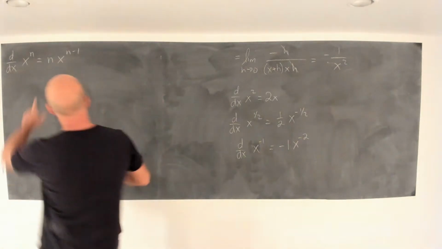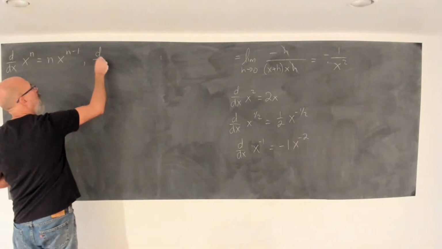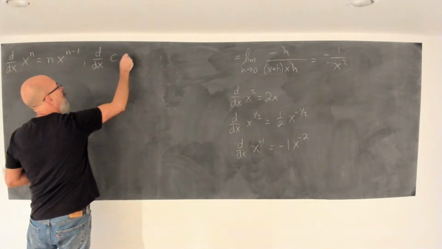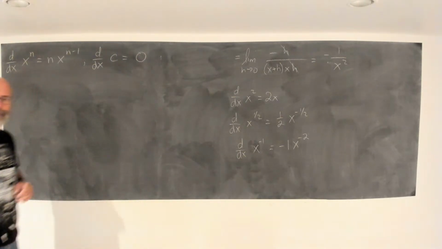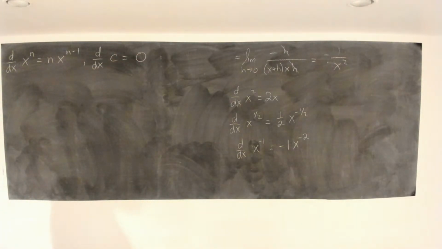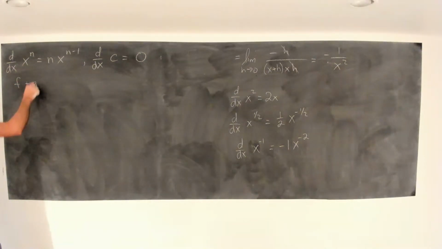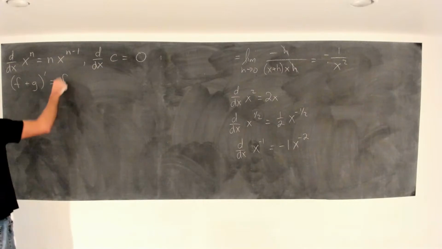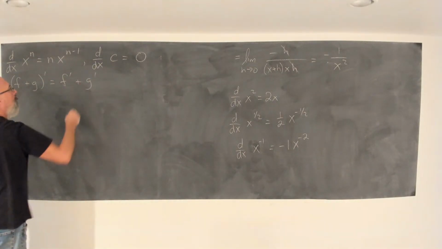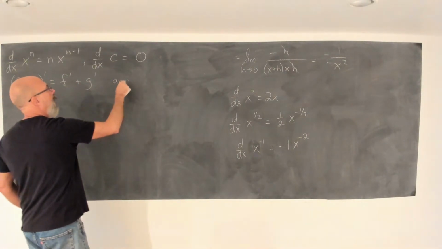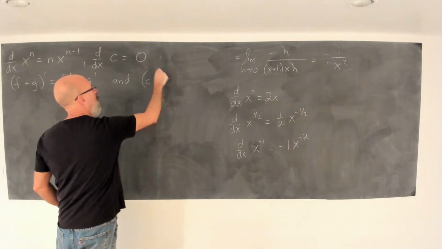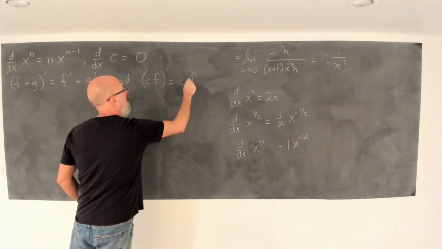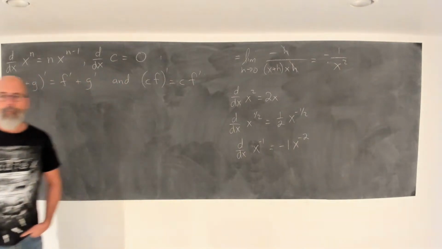So let's use that as a rule, coupled with the fact that the derivative of a constant is 0, and the fact that the derivative is linear, meaning that the derivative of a sum is the sum of the derivatives, and the derivative of c times a function is c times the derivative of that function.